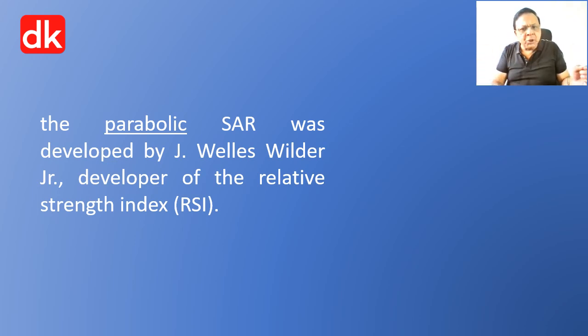In our RSI tutorial, I had shared the name of the developer. The contribution of J.W. Wilder in technical analysis is immense. He has authored many books on technical analysis based on his own development of various kinds of indicators and oscillators in the market.